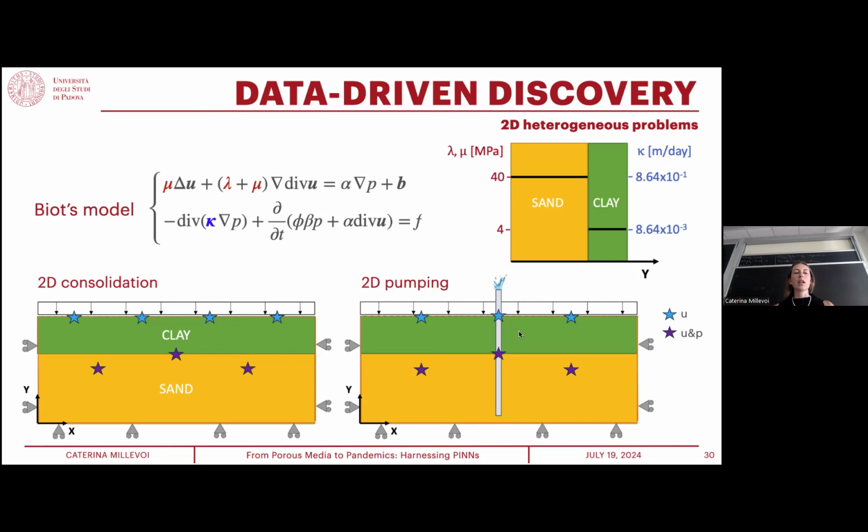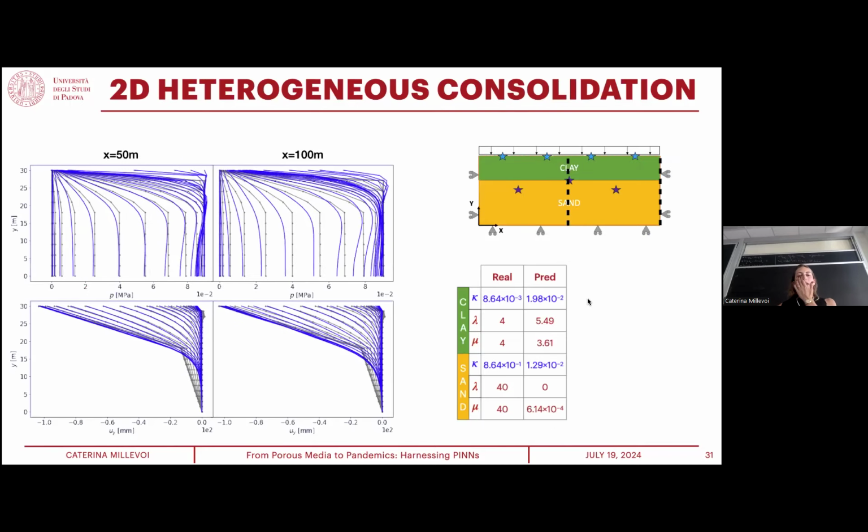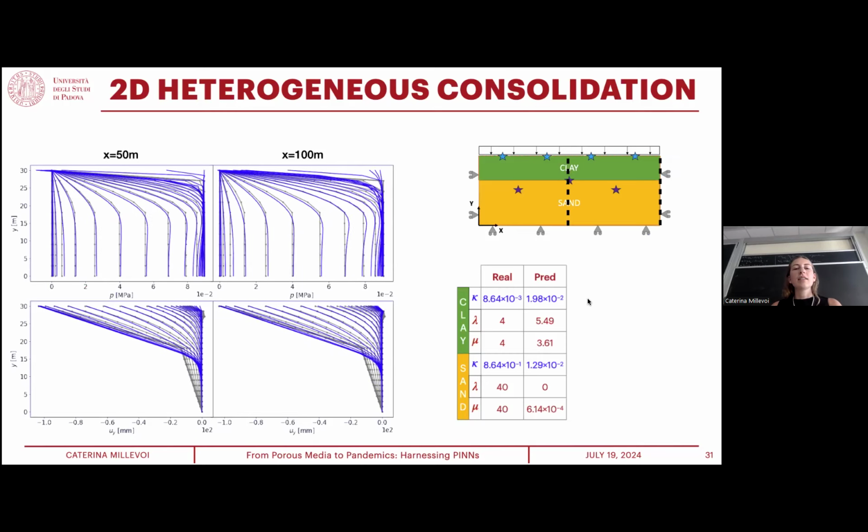We consider a case in which we have consolidation in this setting, and a case in which we have also a pumping well. Again, the blue lines are the PINNs that are updated during the training, while the gray lines are the reference values. And the table shows the results of the parameter estimation.